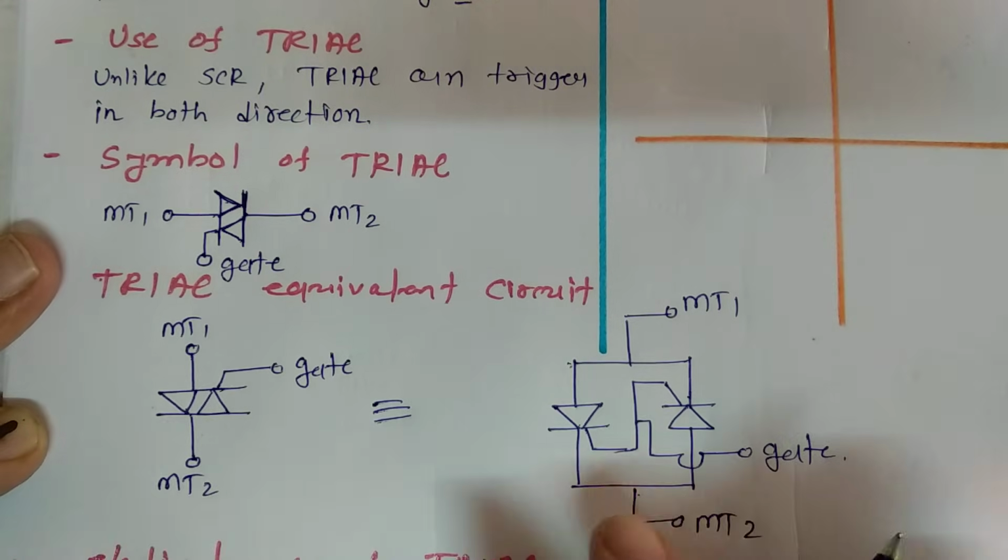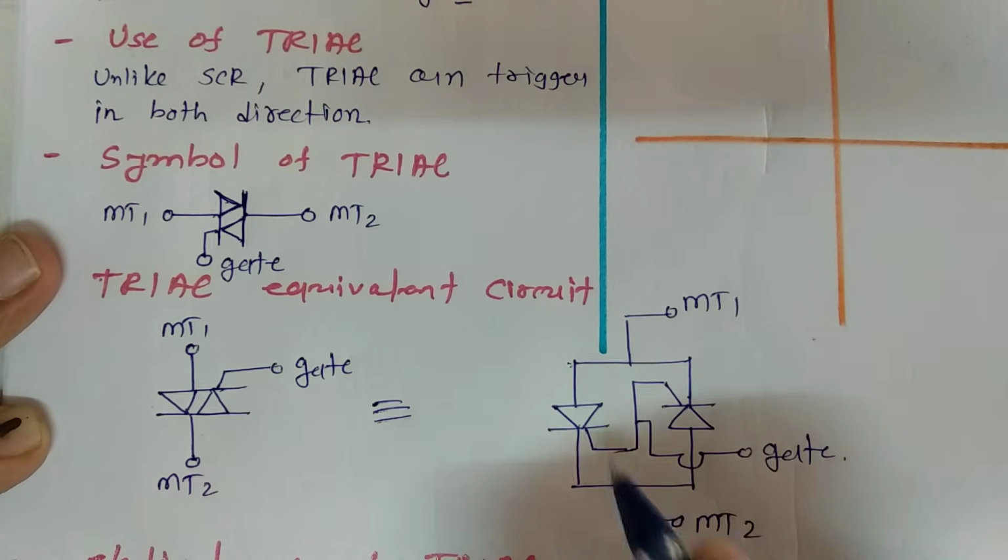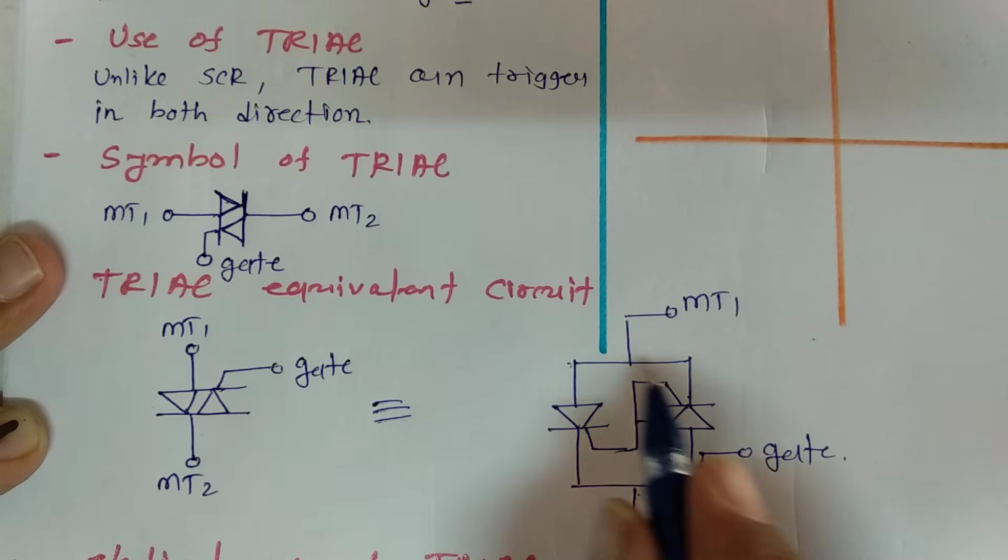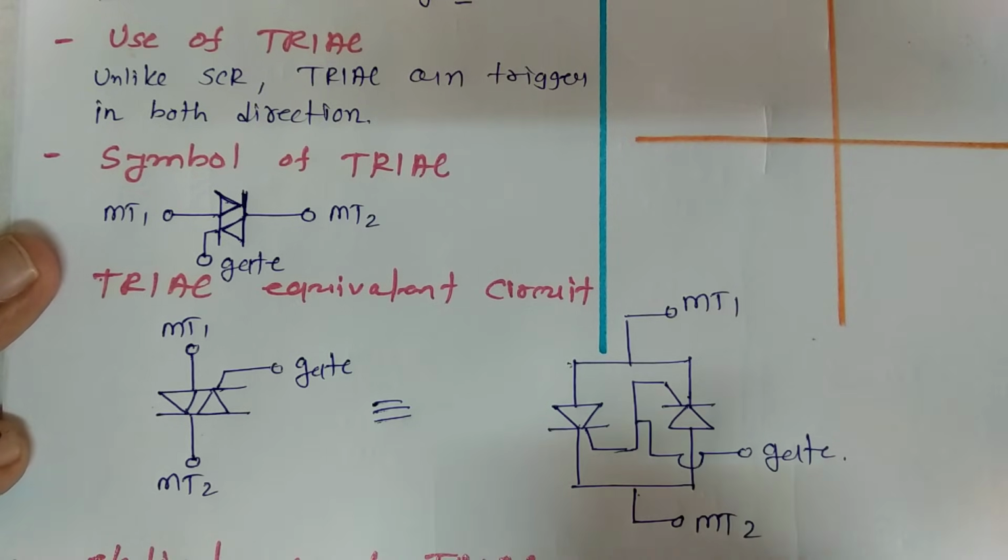So its equivalent circuit is two back-to-back SCRs with the gates of both combined.